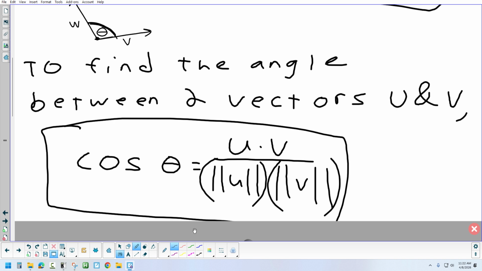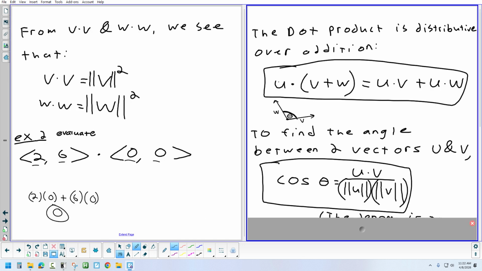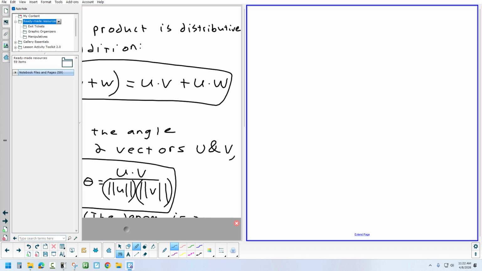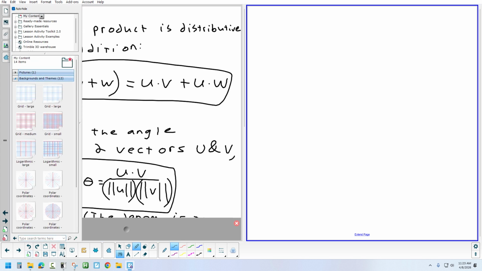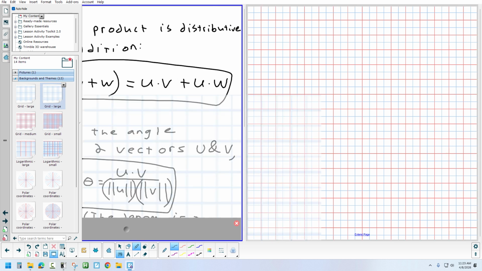Now, technically, you don't need that formula. You can do it without it. Let's get a piece of graph paper. Let's do this one.